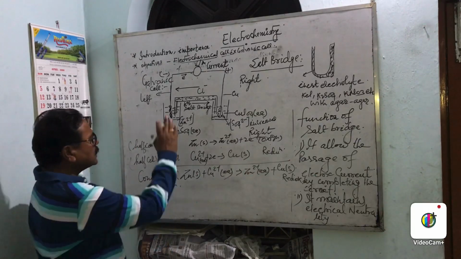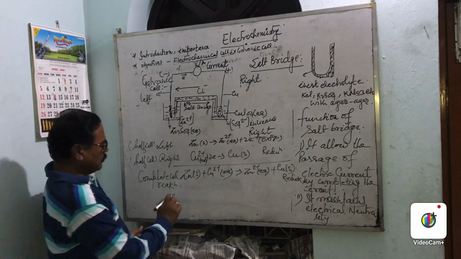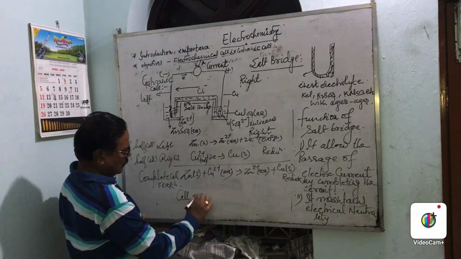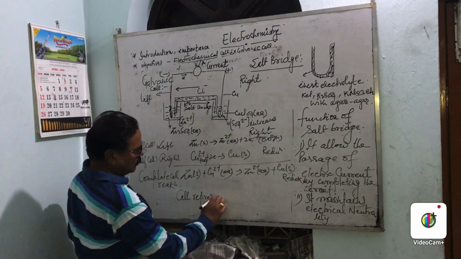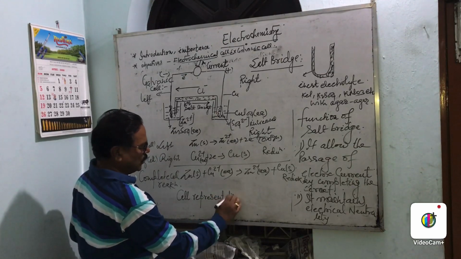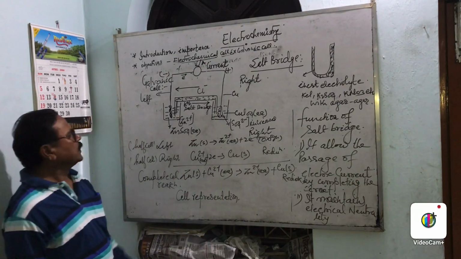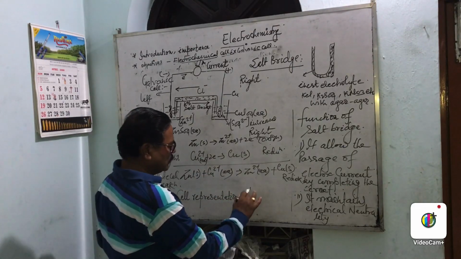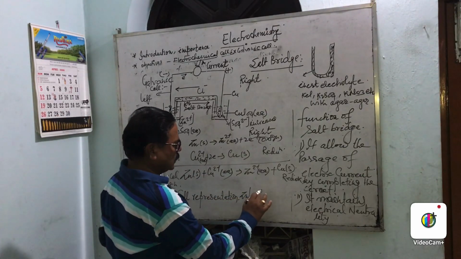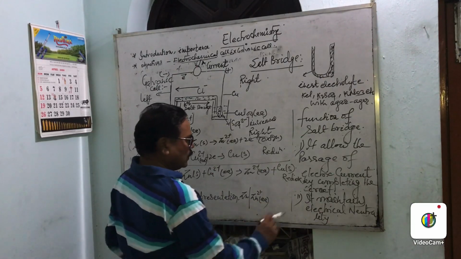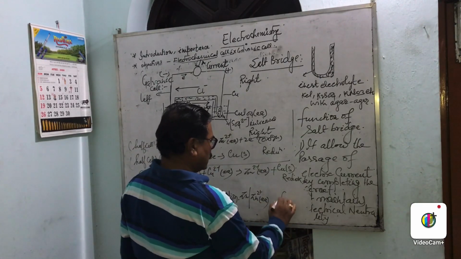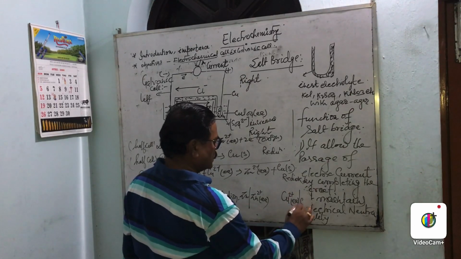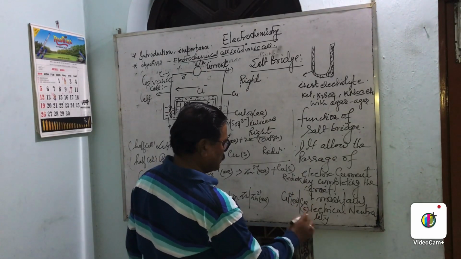Now, what is the cell representation? Our question is cell representation. How will we represent the cell? Zinc is dipped in zinc sulfate solution, Zn2+ aqueous, and the copper ion gets reduced to copper solid.